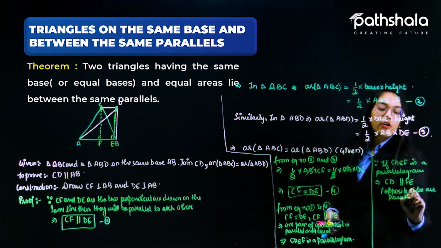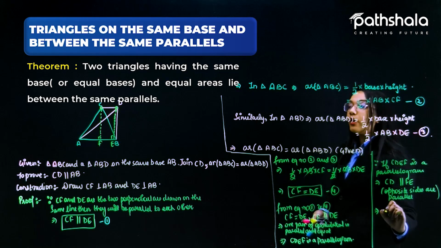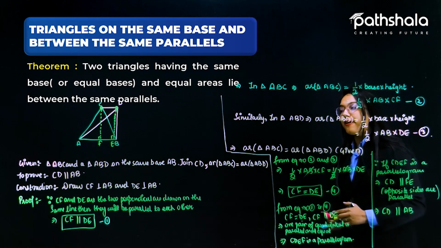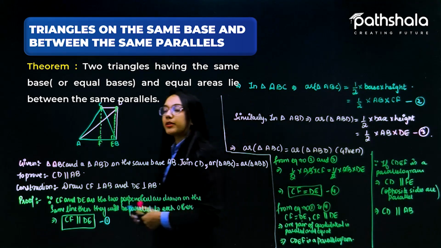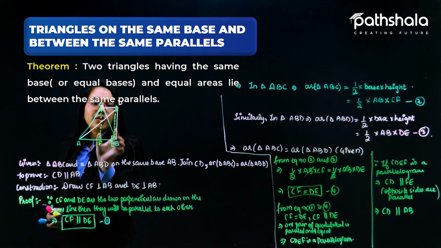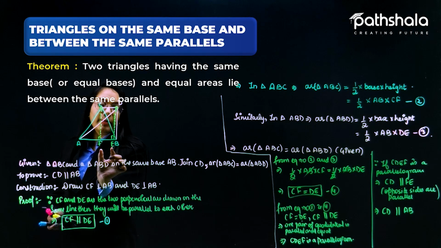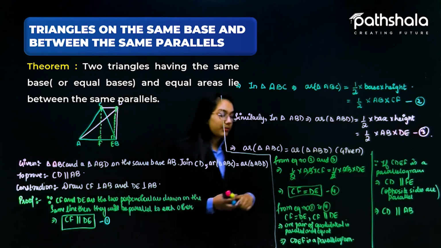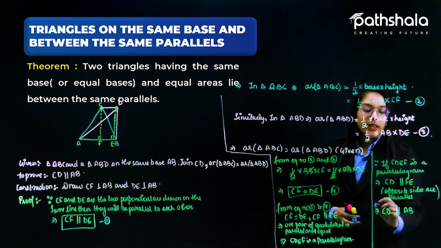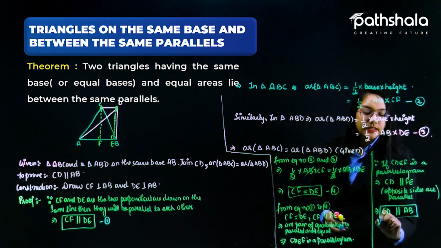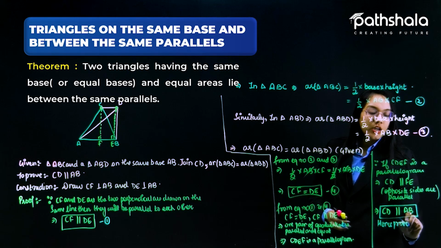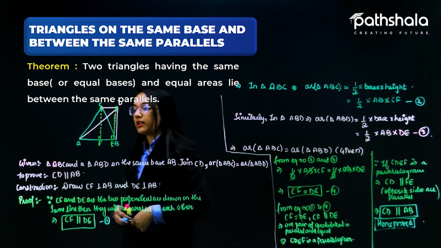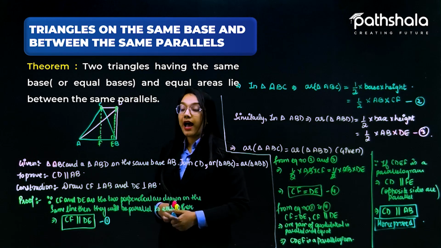If CD is parallel to FE, then CD is also parallel to AB, because FE is a part of AB. If CD is parallel to a part of AB, it is also parallel to the whole of AB. Hence CD is parallel to AB, and this is exactly what we had to prove, that they lie between the same parallels, CD and AB.